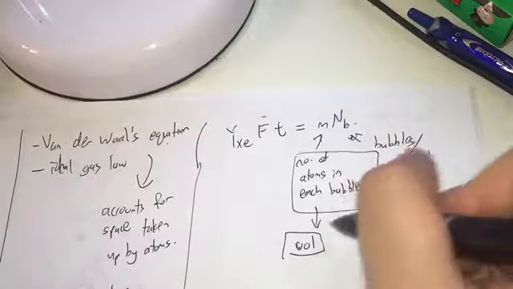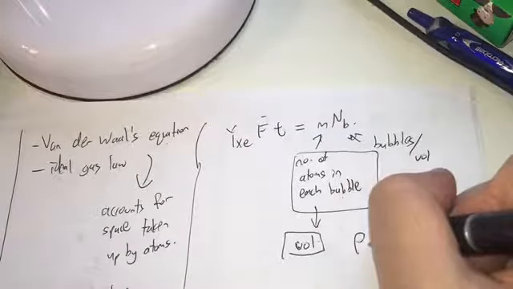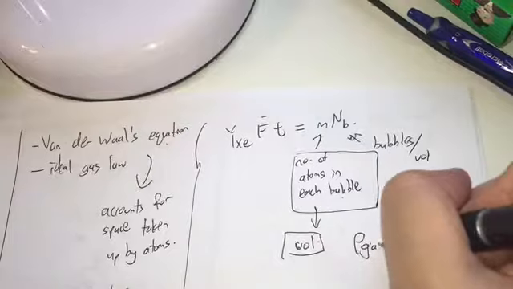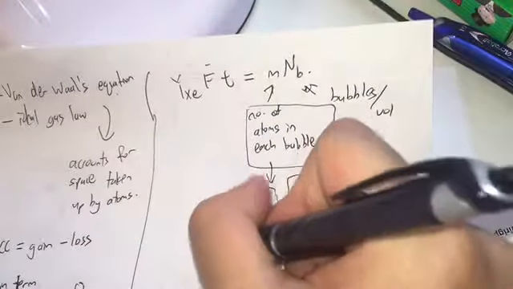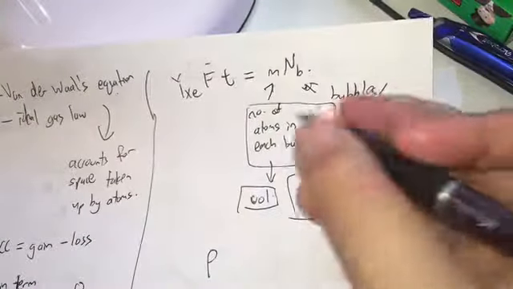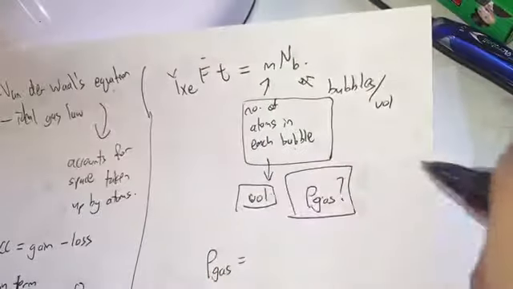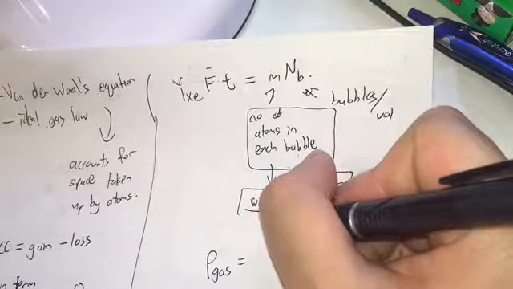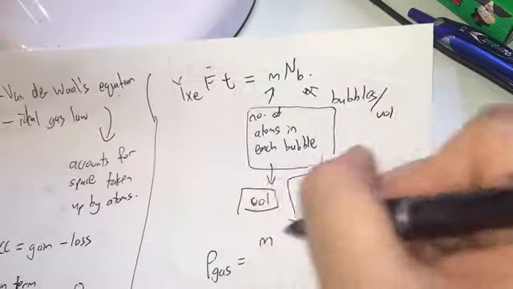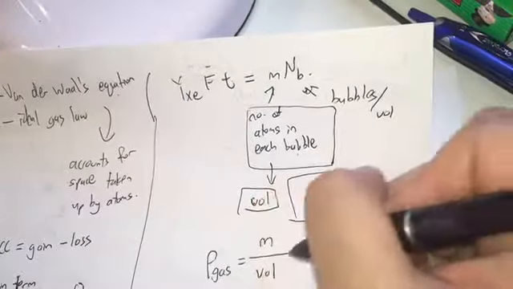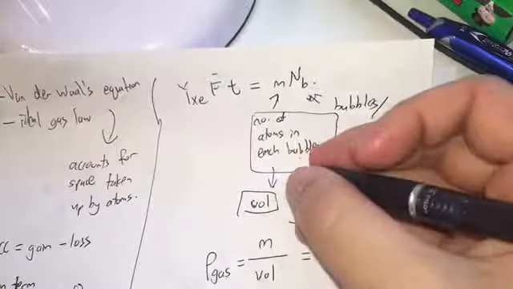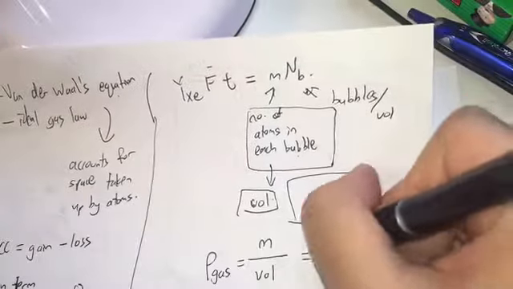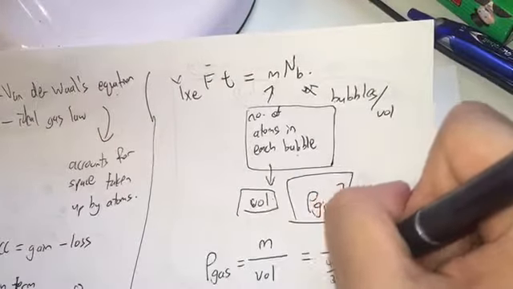To relate the number of atoms to the volume requires some knowledge of density. So rho of the gas. What is the rho of the gas? The density again can be defined as such. This will be the mass over the volume, or rather the number density is as such: number of atoms over 4 over 3 pi r cubed.